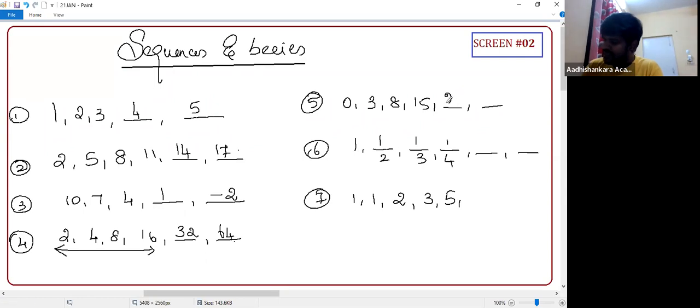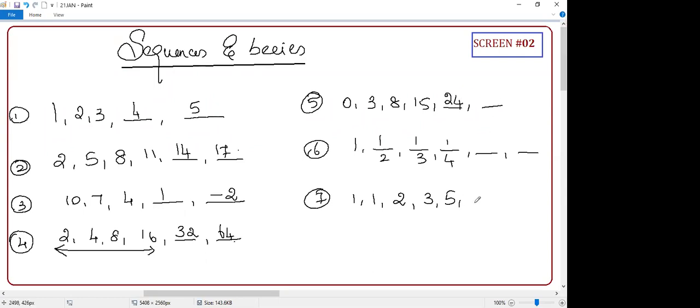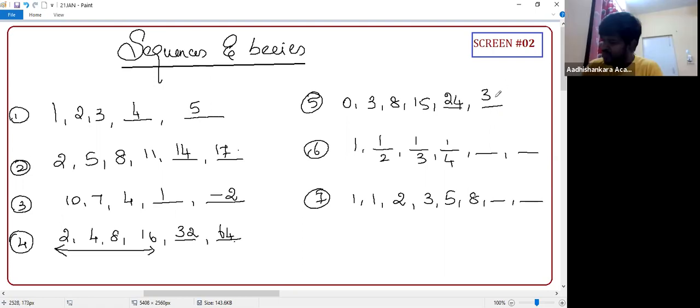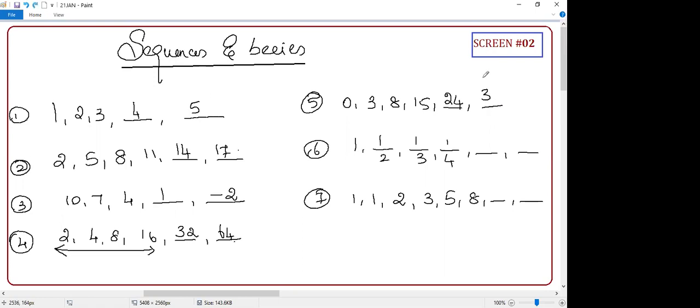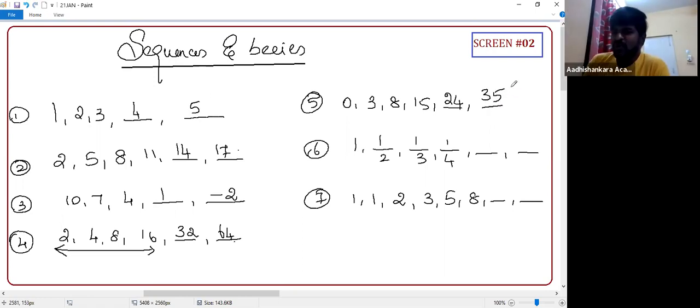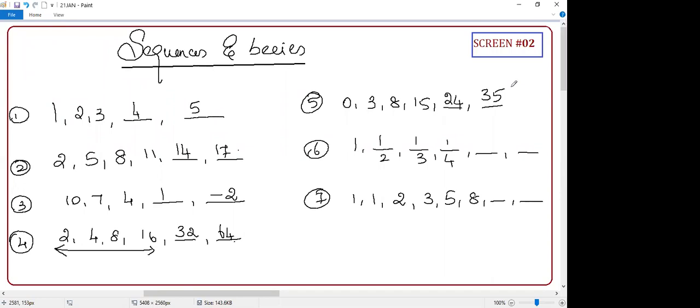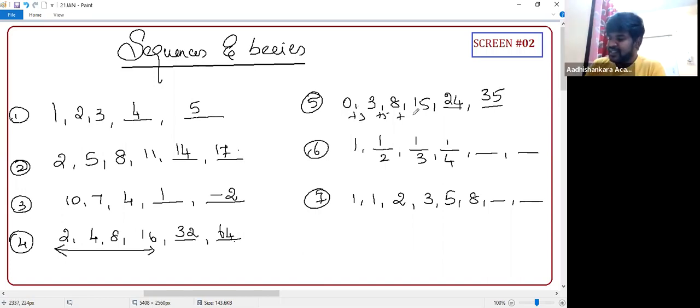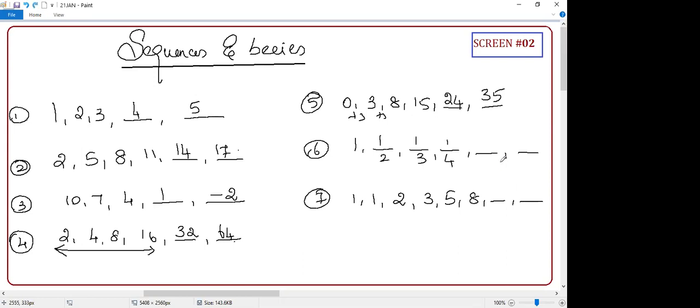Okay, and 24 plus 10 is 34? No, it's not correct. 35, sir. 35, excellent. What is the rule? You can apply any rule. You are adding plus 3, plus 5, plus 7, correct or not? Yes, sir, the odd numbers.